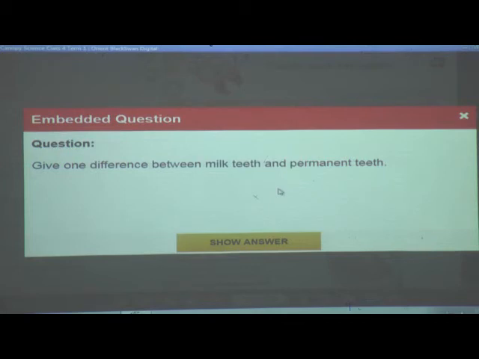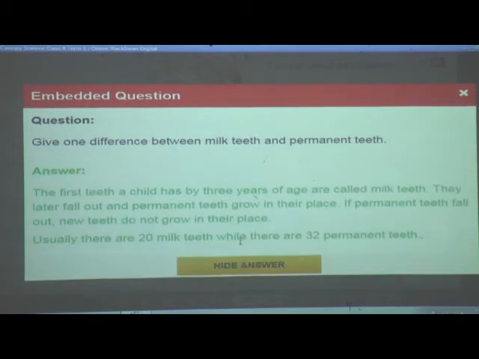By the age of 6, milk teeth start falling out and permanent teeth grow in their place. So we have to give one difference between milk teeth and permanent teeth. Just now I told you there are 20 teeth when a child has milk teeth, and how many are permanent teeth? 32. We will see what answer is given here.